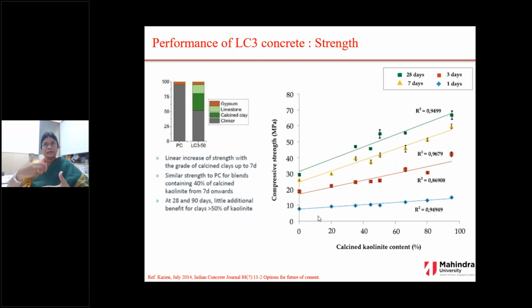The increase in kaolinite content in the clay has its effects at later ages. In the topmost graph, there is a vast difference between the clays which contain high kaolinite content and lower kaolinite content. So if you want higher strength in your concrete at a later day, the higher kaolinite content would work.